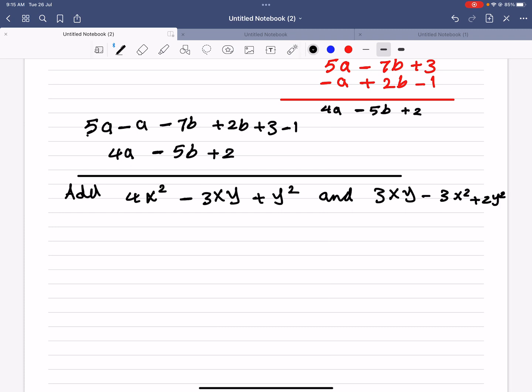After getting the answer, you have to substitute the numerical values: instead of writing every x, you put the value of x, which is negative 2, and y, which is 1. So after you get the result, you replace x with its equivalent value, negative 2, and y with its value, 1.